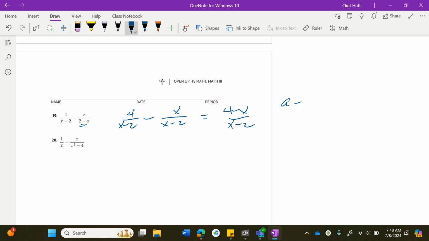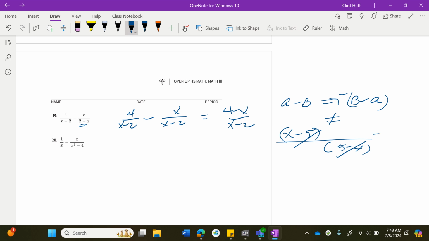So keep in mind that if you change an a minus b into a b minus a, these two are not equal, but they are opposites of each other. So if you have a fraction in which you have an x minus 5 up here, and down below in the denominator you have a 5 minus x, you are allowed to cancel those out as long as you leave a negative 1 behind. All right, last problem.